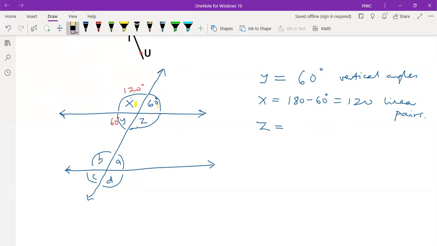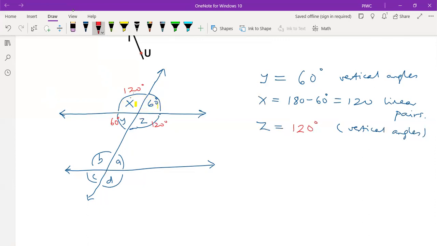So they are vertical angles. So Z will be equal to 120 degrees as well. And the reason, vertical angles. So this is 120 degrees. All right, so all the angles at this point of intersection.